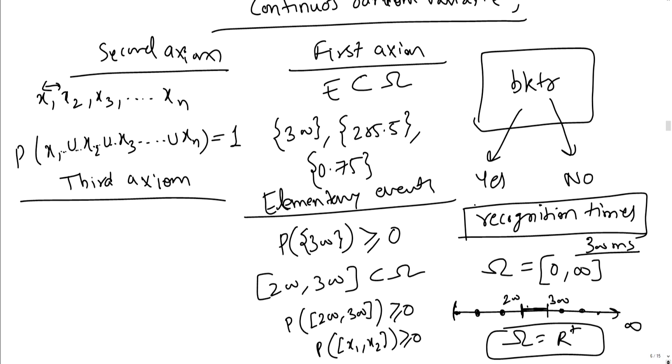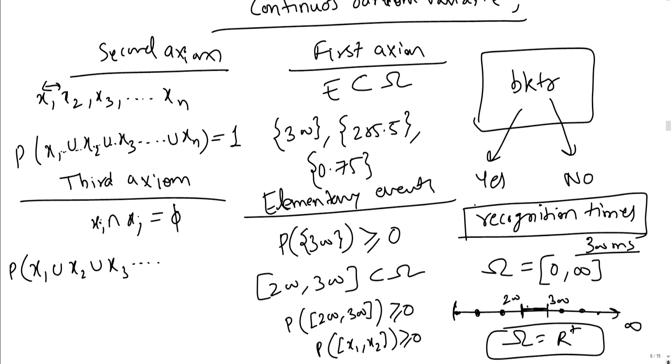The third axiom says that if two events, or let us say any events, are mutually exclusive, so that xi intersection xj is phi, an empty set, then the probability of x1 union x2 union x3, these being all mutually exclusive events, equals the sum of their probabilities.